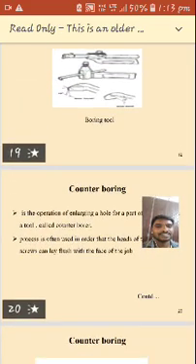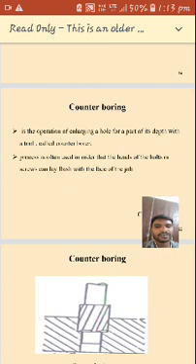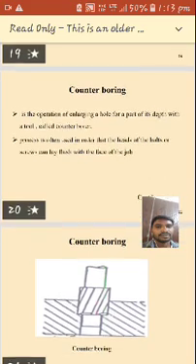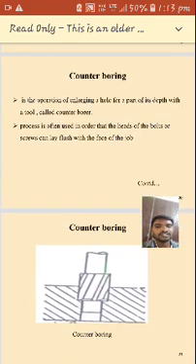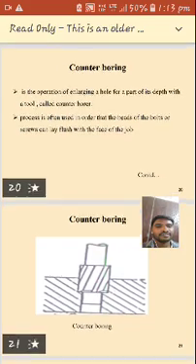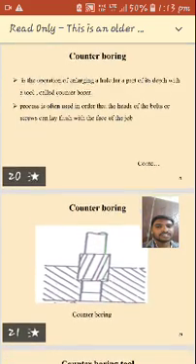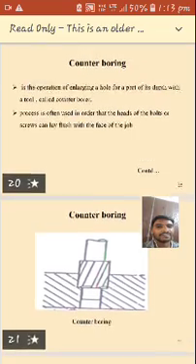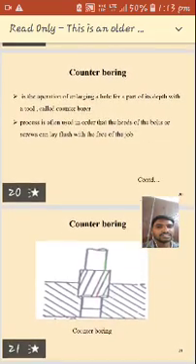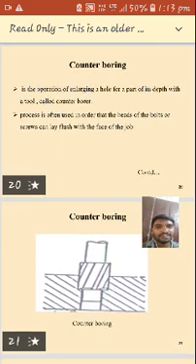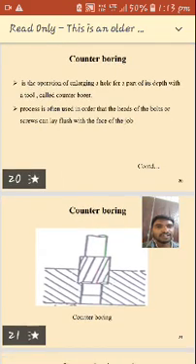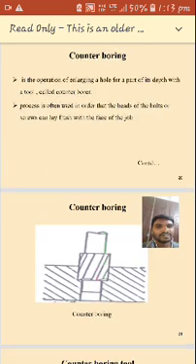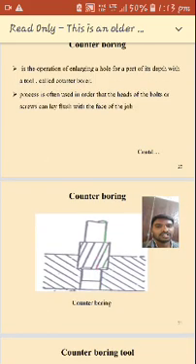And then next is counter boring. This is the operation of enlarging the hole for a part of its depth with a tool called a counter borer.